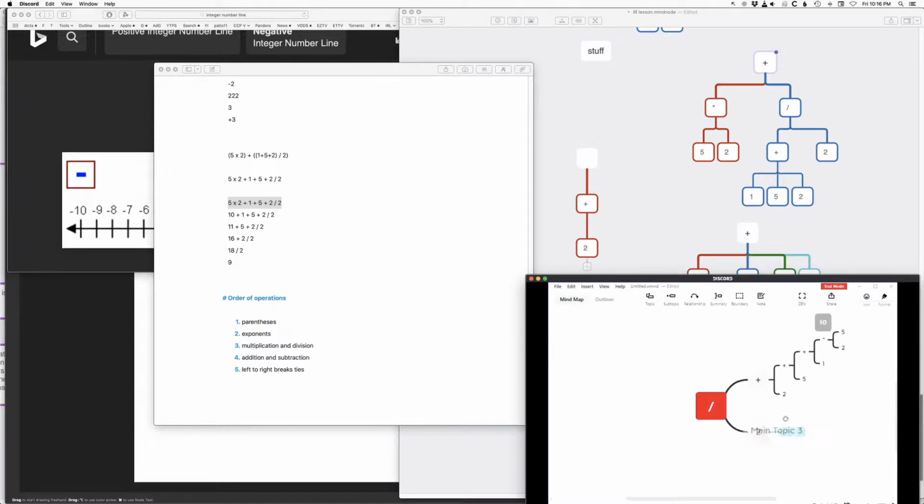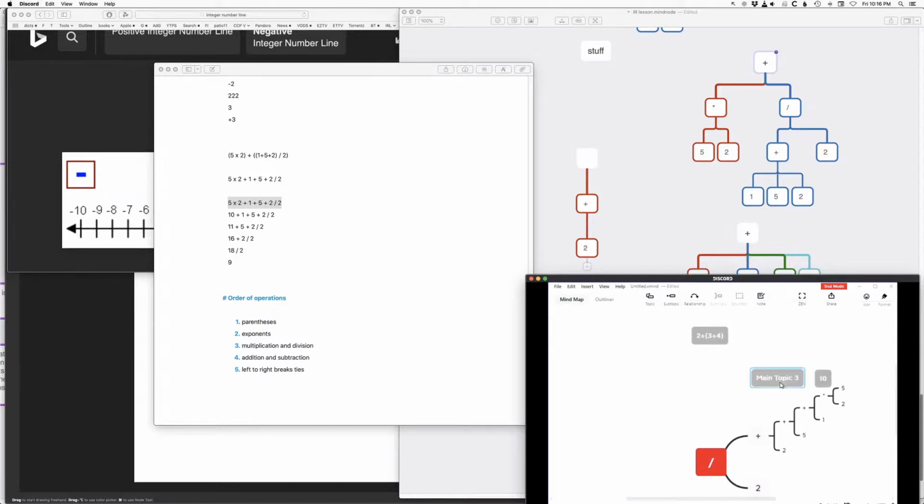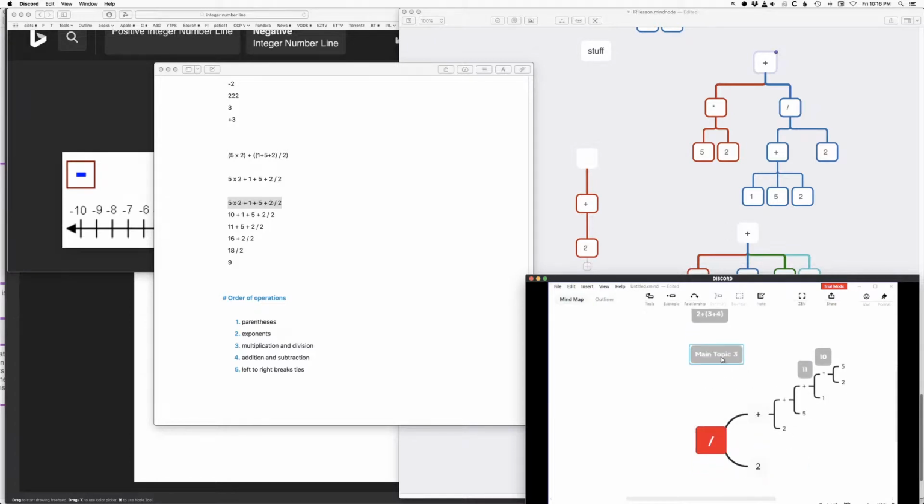Yep. Okay, so that becomes 10, and then that becomes 11. If you select one of those nodes, like the 10, and then you copy paste, you might be able to duplicate it. I guess not. Never mind.